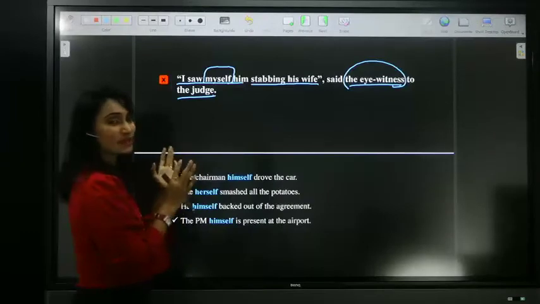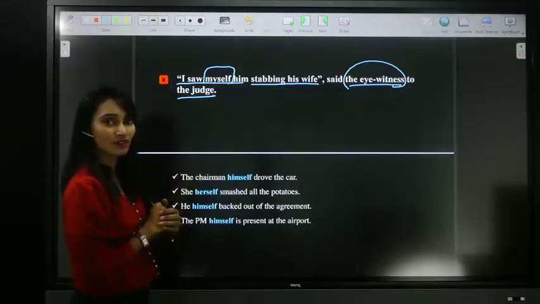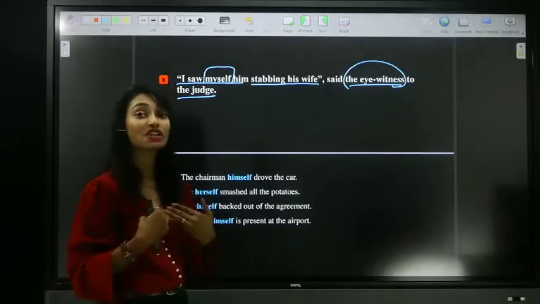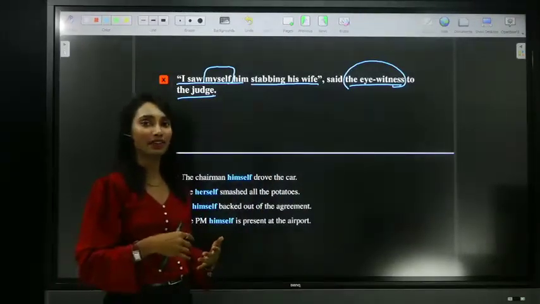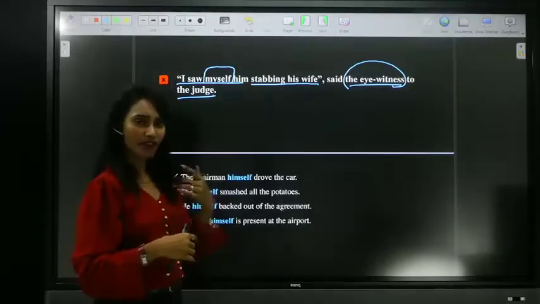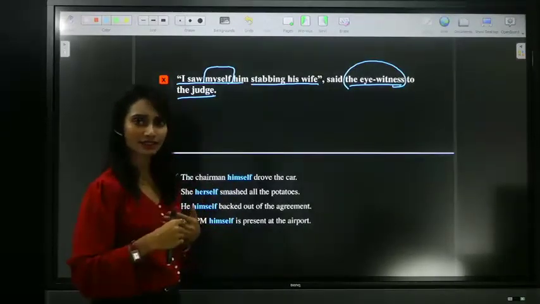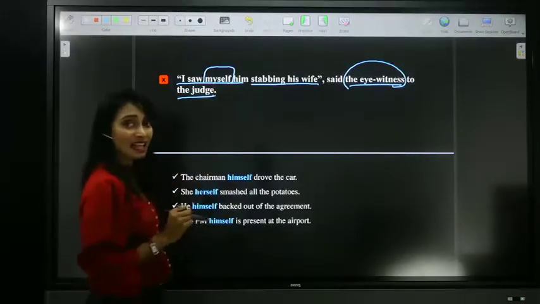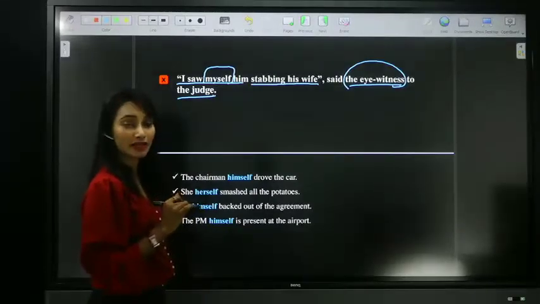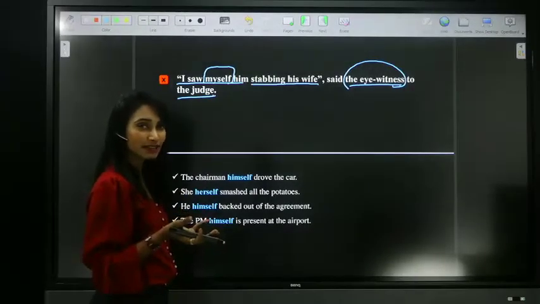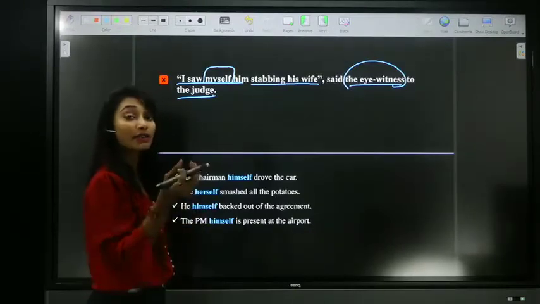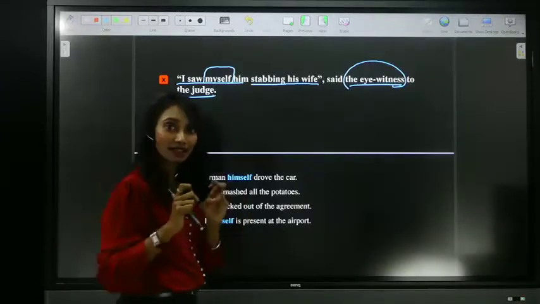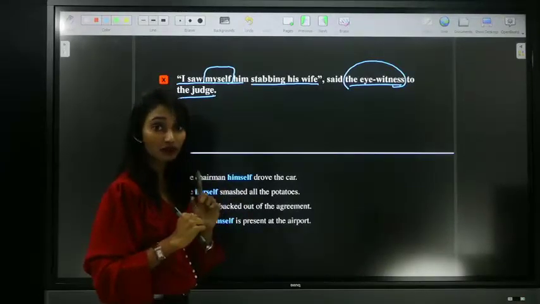That means there is something wrong in the usage of the reflexive pronoun. See, reflexive pronouns are used only when the action is reflected upon the doer himself. But if I saw myself, how can I see others? I can't, right? That means the position of this myself is wrong, because reflexive pronouns can also act as emphatic pronouns. What I require here is an emphatic pronoun to give emphasis to the sentence, not a reflexive pronoun.